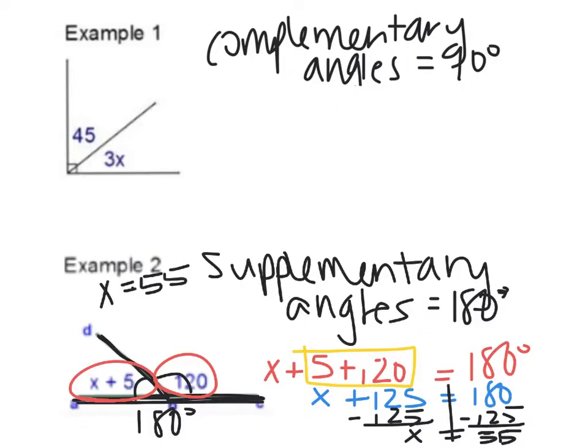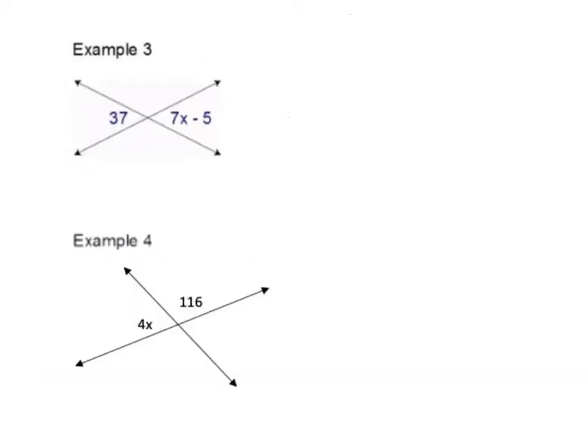So again, if I take that and substitute it in here, I figure out that 55 plus 5 would equal 60 degrees. So 60 degrees is the measure of angle ABD, and then the measure of angle DBC we already knew is 120 degrees.